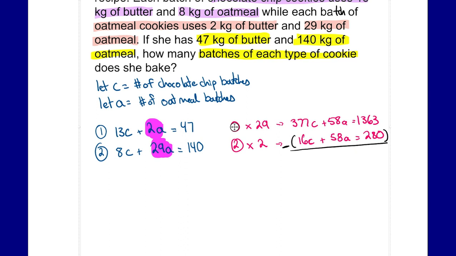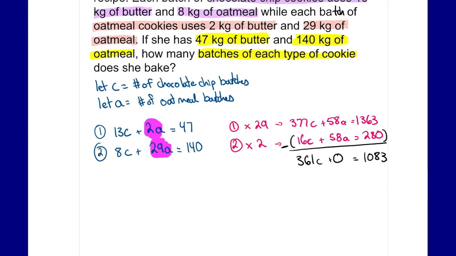So 377 minus 16 is 361. 58 minus 58 is 0. And 1363 minus 280 is 1083.